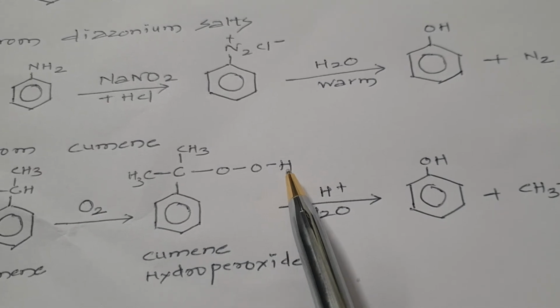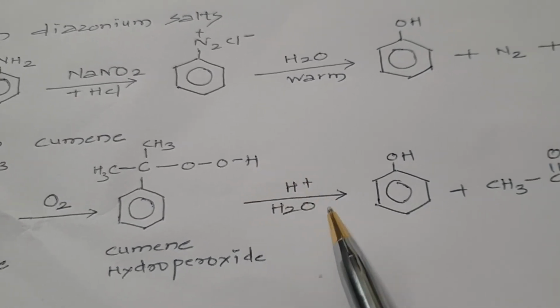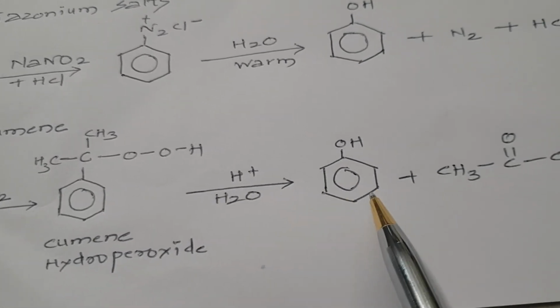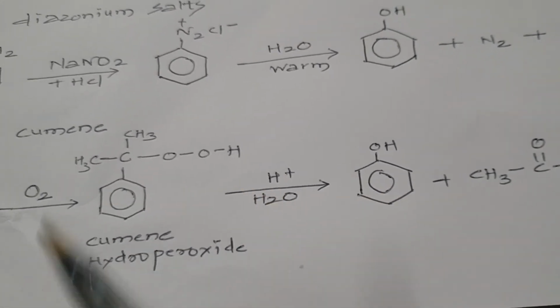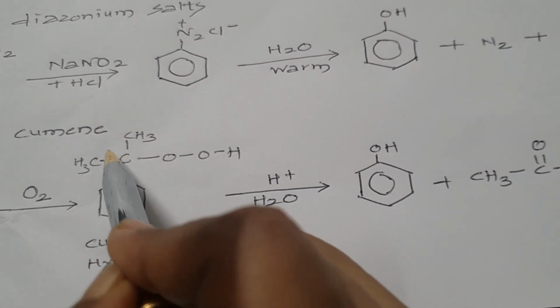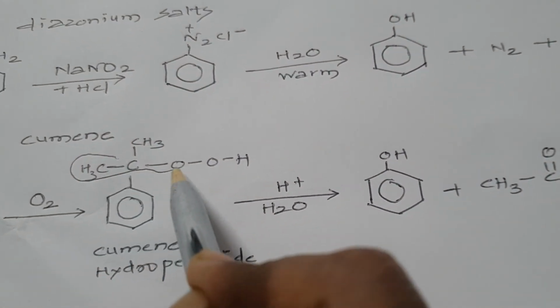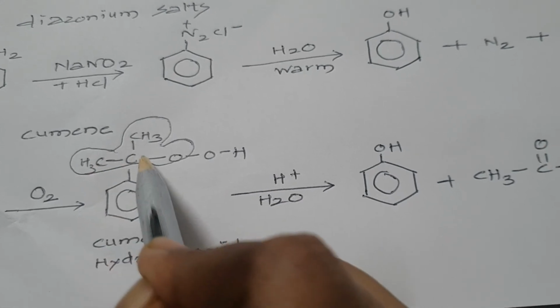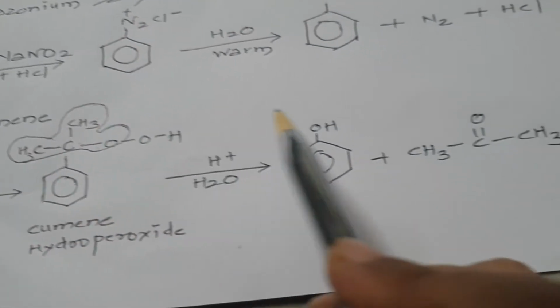COOH. This undergoes a reaction with a dilute acid giving you phenol, and the byproduct which is formed over here is basically a combination of this. So this is CH3C double bond O CH3.